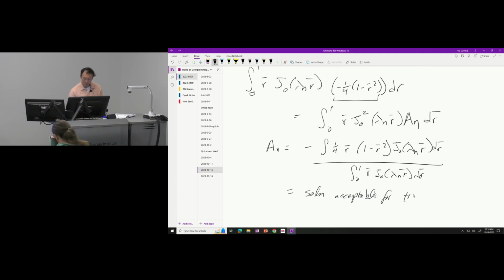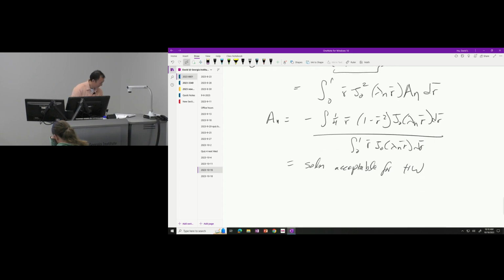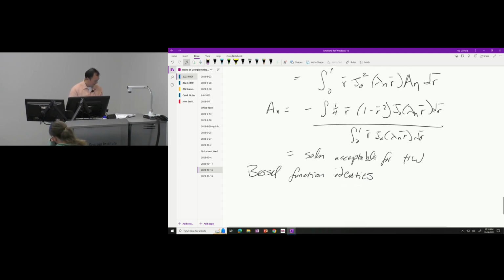If you really wanted to go crazy, you could look up Bessel functions; they have a lot of identities, like the even and odd depends on if n is even or odd as well. You can use that to simplify, and you can show that equals -8 over lambda n cubed J1 of lambda n.